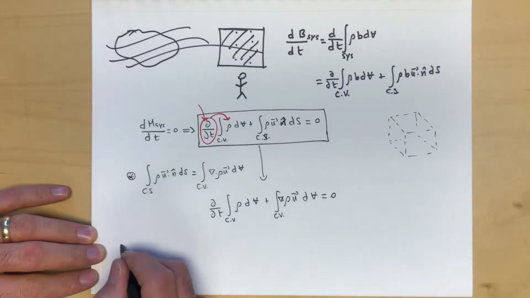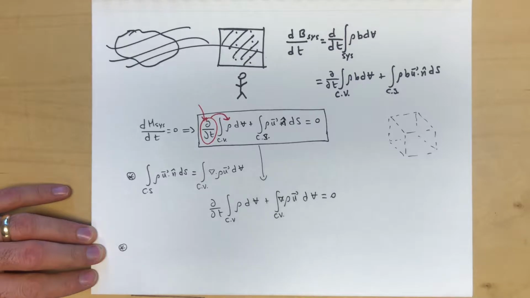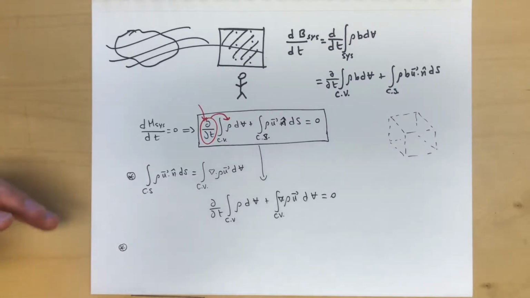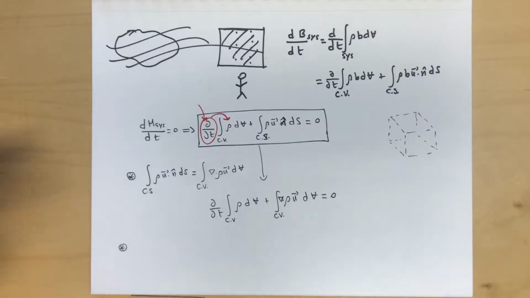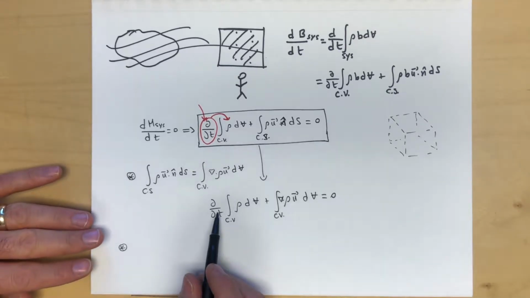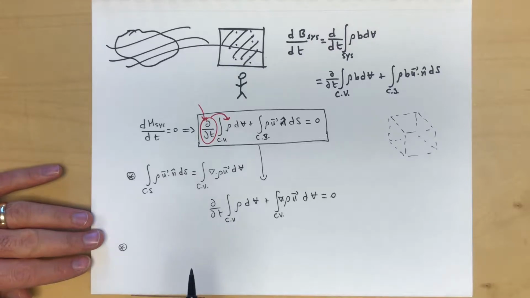So here's what we're going to assume. Since we've assumed that the control volume is fixed in space and time, it's non-deformable, so the shape of the control volume is not changing with time. Even if it was, we would have to do something a little different for that case. But in this case, the easiest assumption is to say that the control volume is fixed in space and time.